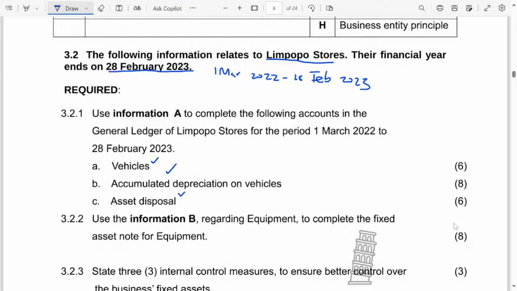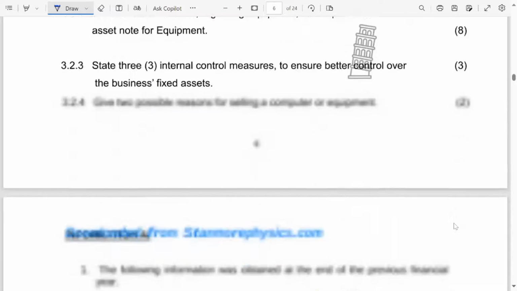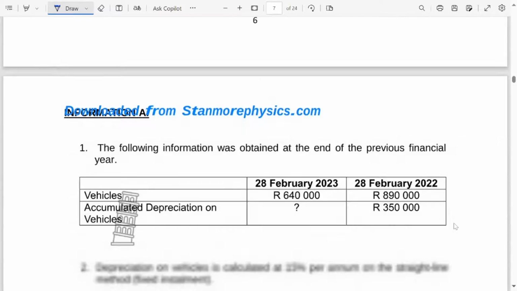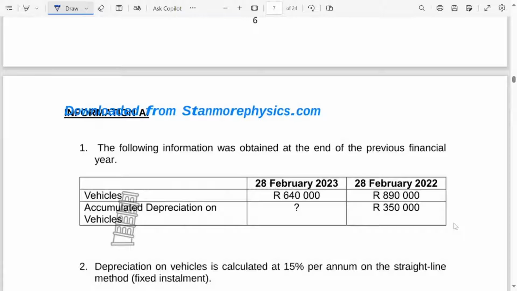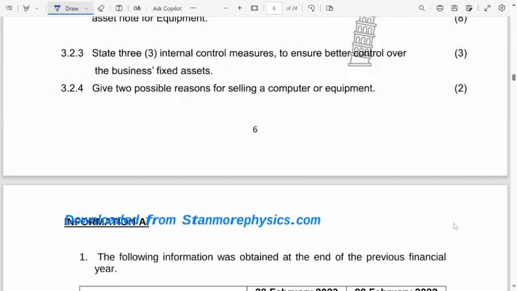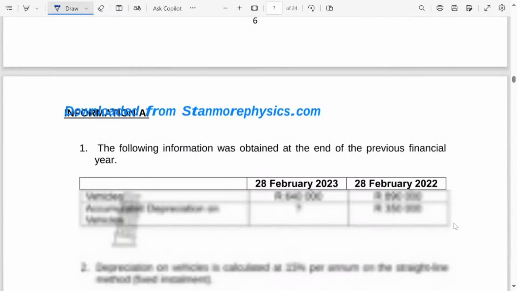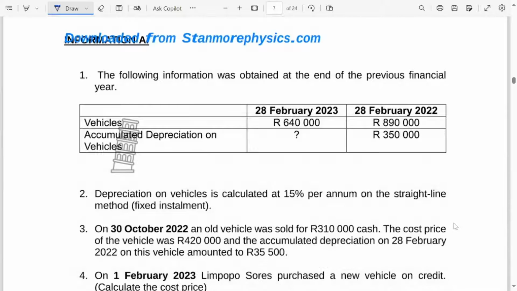So they said we must use information A. So let's go to information A. Here is information A. The following information was obtained at the end of the previous financial year.